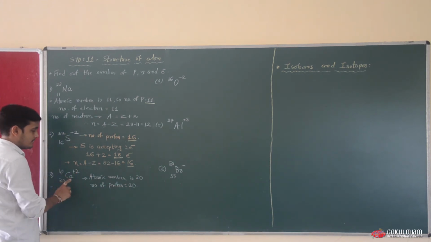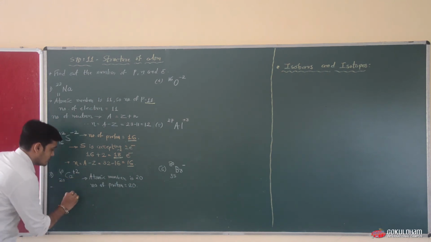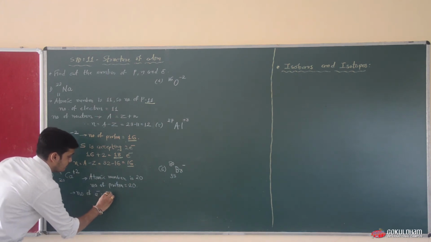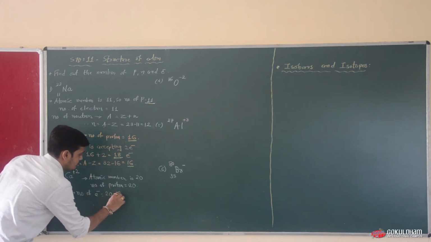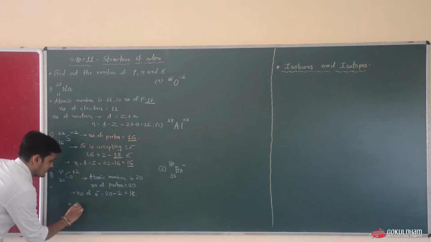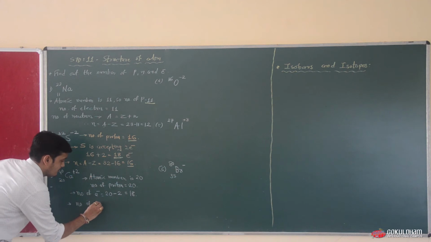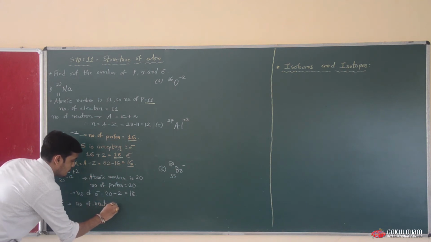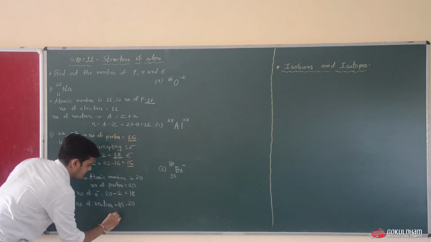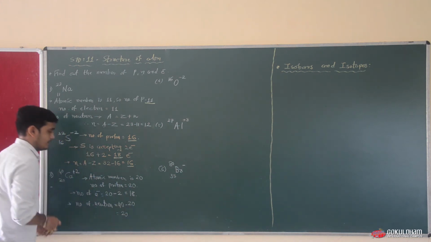+2 means this calcium is donating its 2 electrons, so number of electron is equal to 20 minus 2 is equal to 18, and number of neutron is equal to 40 minus 20 is equal to 20.